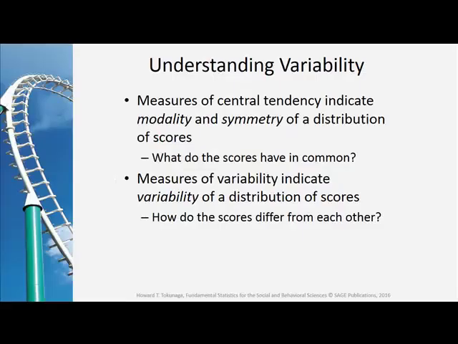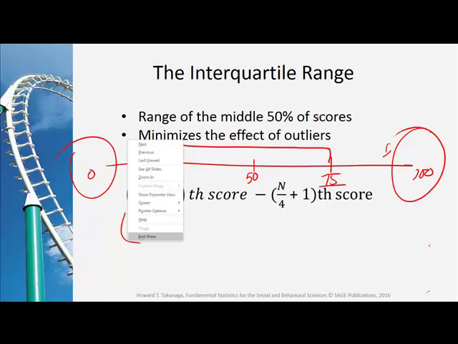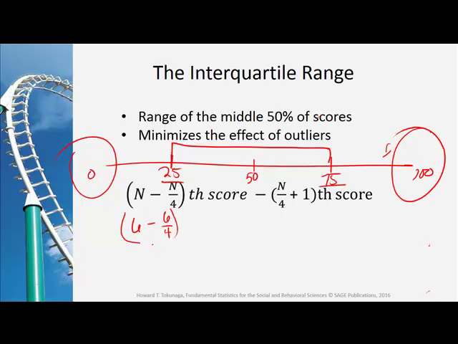Grabbing my calculator so I don't look like an idiot. 6 divided by 4 is 1.5. So 6 minus 1.5 is 4.5. I know what you guys are doing. 6 divided by 4 plus 1, that's 1.5 plus 1, that's 2.5.